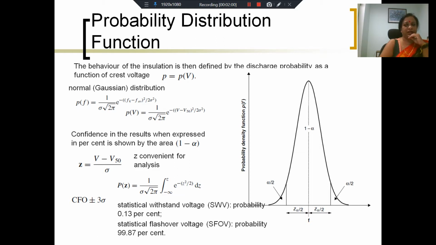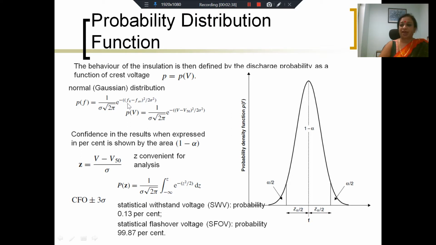Now, generally, many probabilistic events can be characterized by a probability distribution function which takes the shape of a normal or Gaussian distribution. So, for example, in this figure, the y-axis represents a probability density function, P(f), and the x-axis represents the variable f. It is a continuous variable. So P(f) is given by 1 by sigma root 2 pi e to the power minus (fk minus f average) whole square by 2 sigma square.